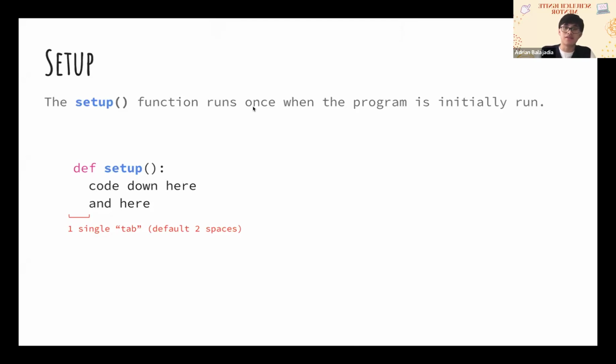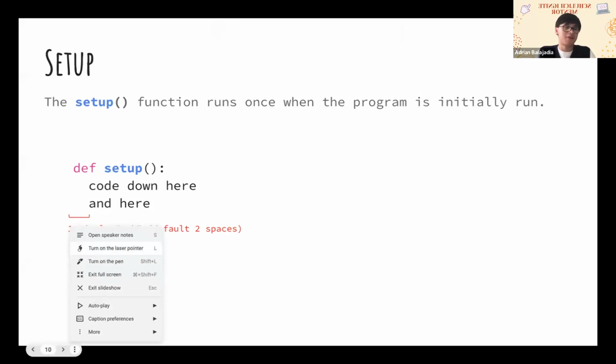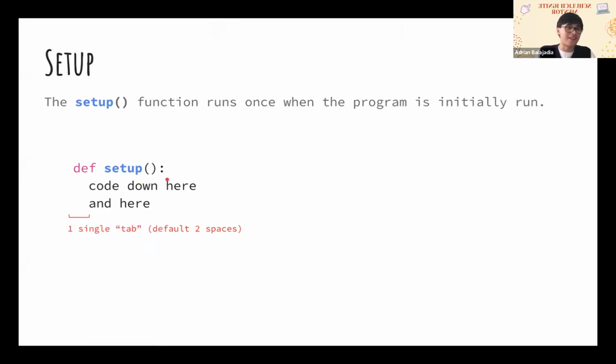This setup function runs once when the program is initially on. Again, I'll probably show my coding editor later, but all I have to do is type def setup and then add this colon down here.